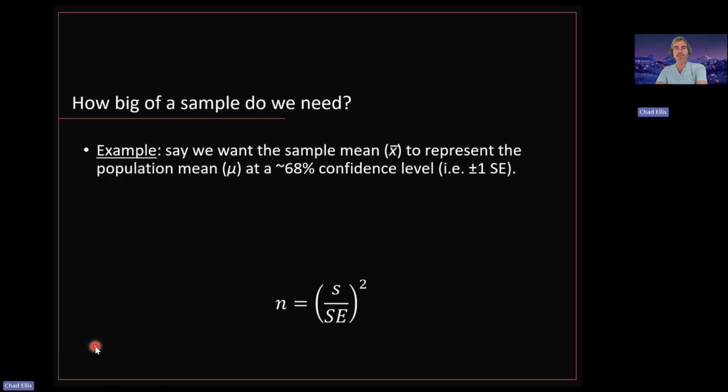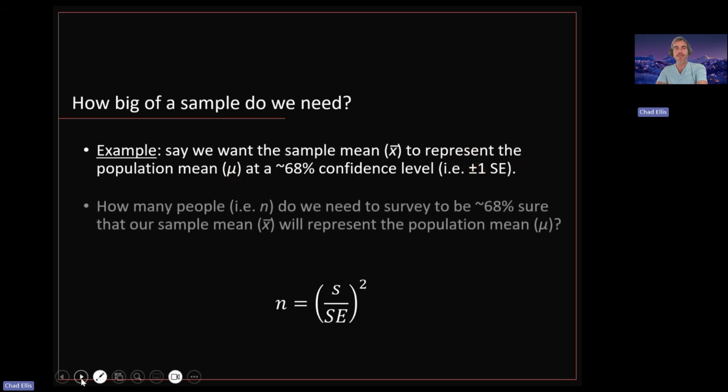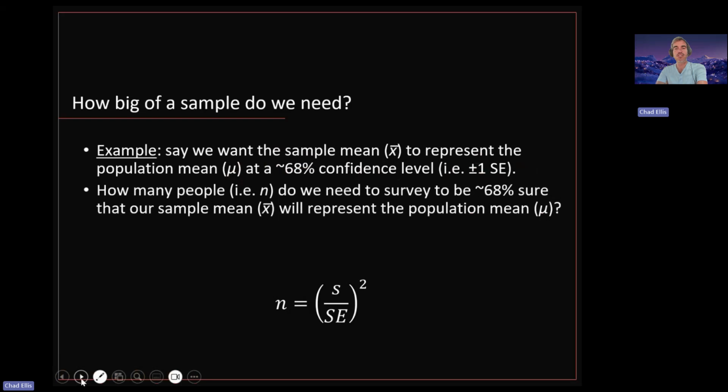So what am I talking about? Well, let's do an example. If we want a sample mean to represent the population mean at a 68% confidence level, or close to 68%, in other words plus or minus 1 standard error above and below the sample mean, how many people would we need to survey in order to get a 68% confidence level?